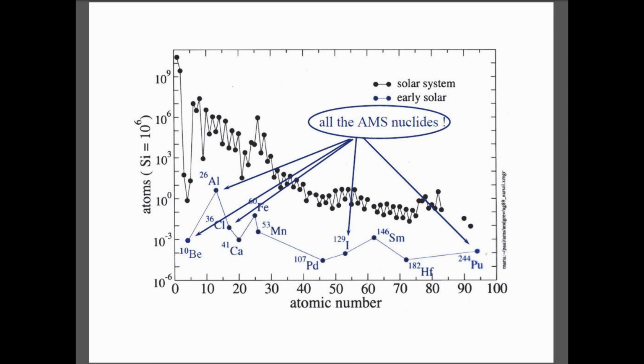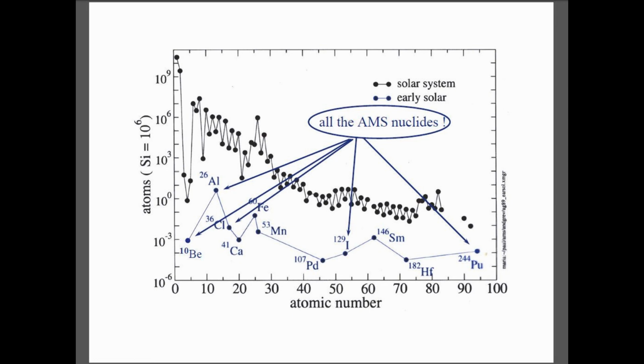This family has the particularity that they have a half-life, but their half-life is long enough to have survived, to some extent, the galaxy and the travel, and the creation, the travel, and eventually these nuclides have ended up in what is called the early solar system. The early solar system is the solar system just at formation, when this cloud, which I showed before, started to collapse into a new star, a new system.